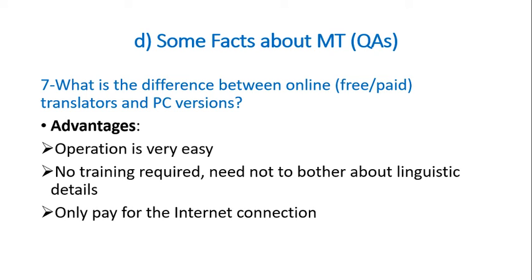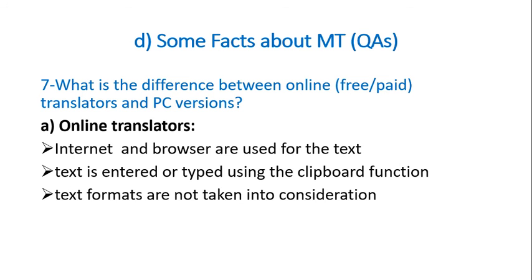So no training required. You need not bother about linguistic details in this case. You don't need to know other languages, of course. You just need to know this one. You only pay for the internet connection, so you can get the translation through these online translators.